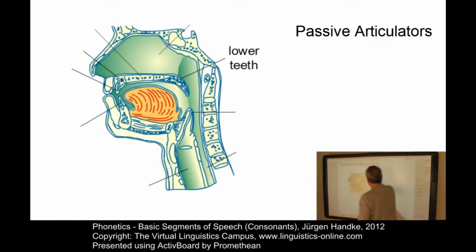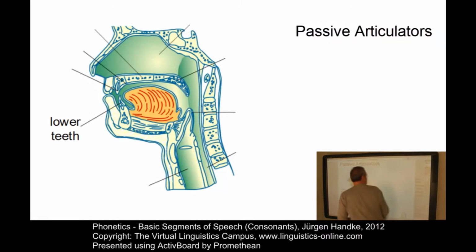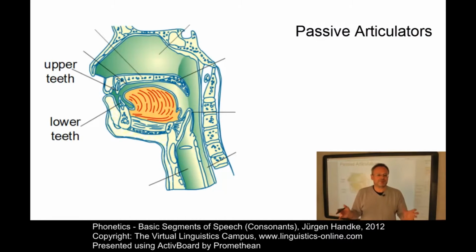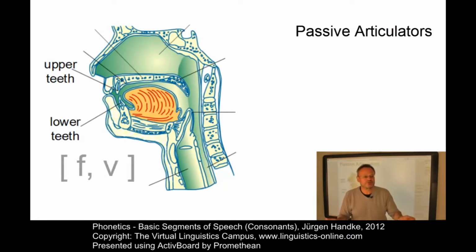Starting at the front of the vocal tract, the following passive articulators can be classified. For example, the lower and upper teeth. Now, the upper teeth are locations where the tongue makes contact to produce several different consonants such as tha or tha. The lower teeth are positions where the lips make contact to produce consonants such as fa and va.